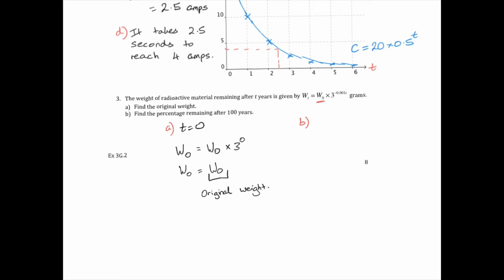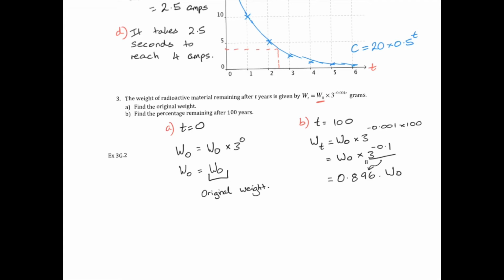So, remaining after 100 years, that's when t is 100. So, W(t) is going to equal W0 times 3 to the negative 0.001 times 100. Or in other words, W0 times 3 to the negative 0.1, which equals 0.896 times W0, because that became that decimal.